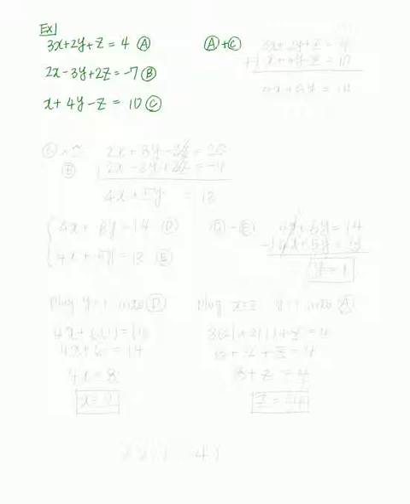So when I add equation A to equation C, I'm going to have 3x plus 2y plus z equals 4, plus x plus 4y minus z equals 10. And we're going to go ahead and add everything together in this case.